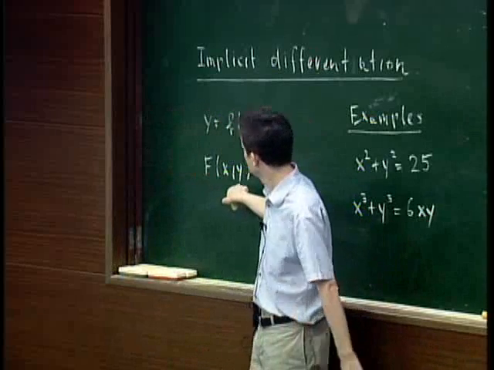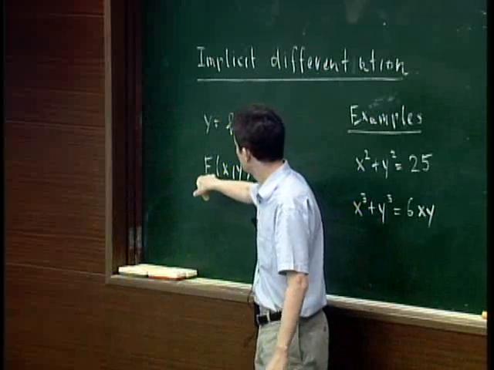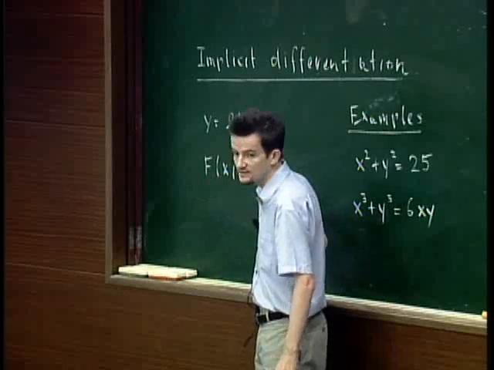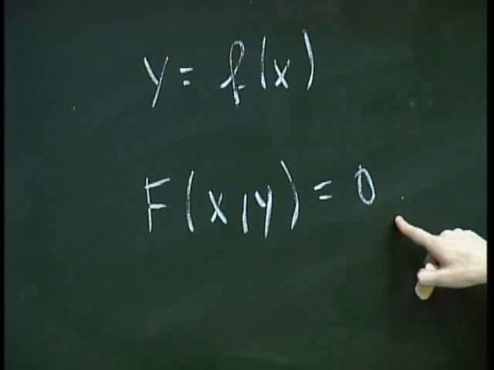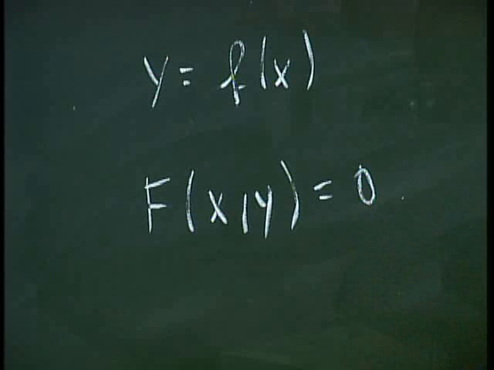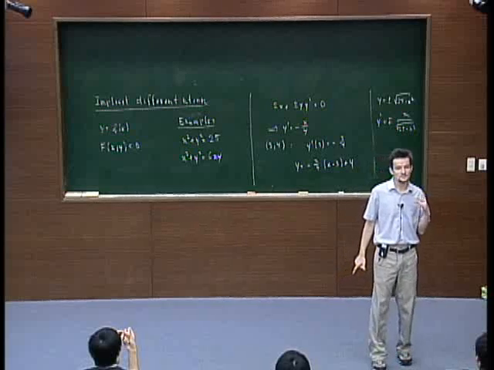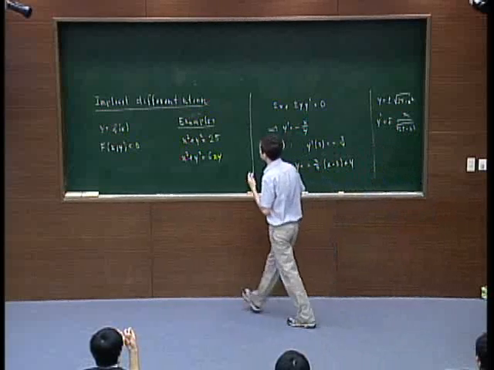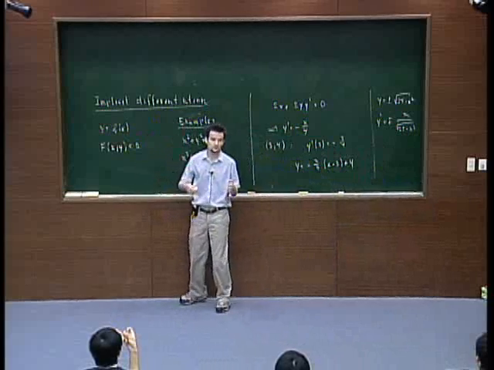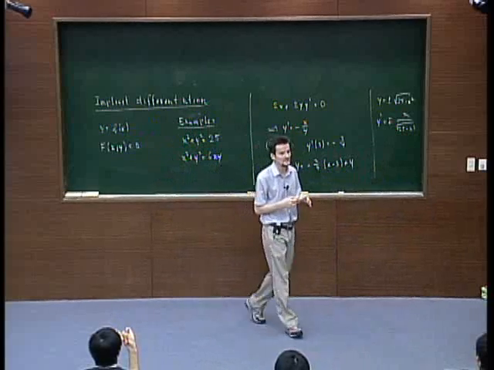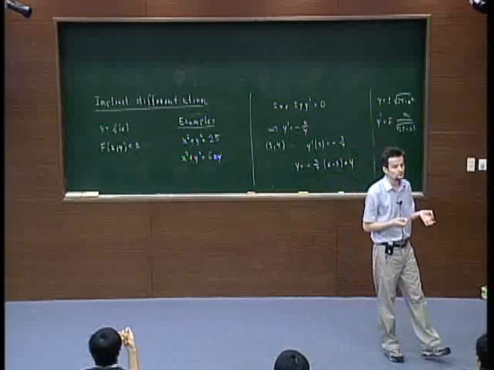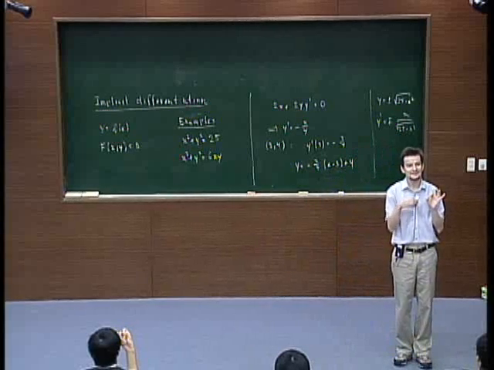You have a function y of x, which is the solution of f of x, y of x equal to 0. This is the first thing you have to know. And the second thing is that this function y of x is differentiable. Normally, the reason why you use this method is because it's complicated to solve for y, or it's not possible to write down the function.